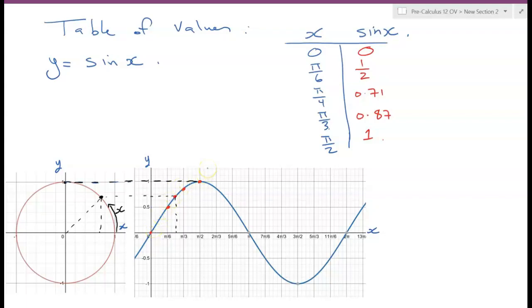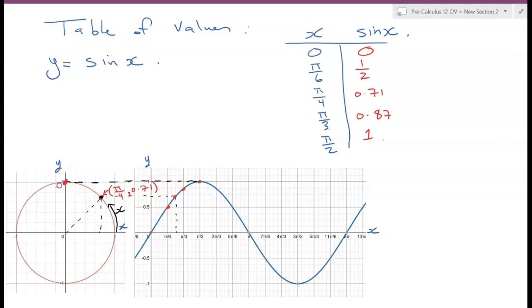What I did was put in the unit circle for you, mapping each of these coordinates. If you have this coordinate here, and that coordinate is pi over 4, when you punch that in, sine of this value ends up being 0.71. Okay, that's this value right there on the coordinate.